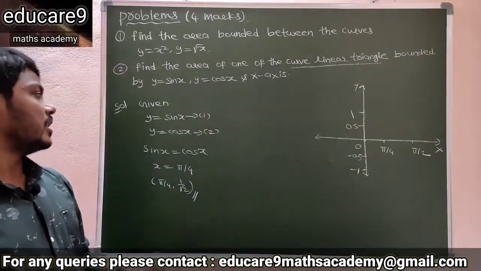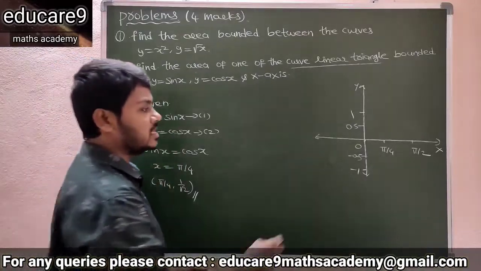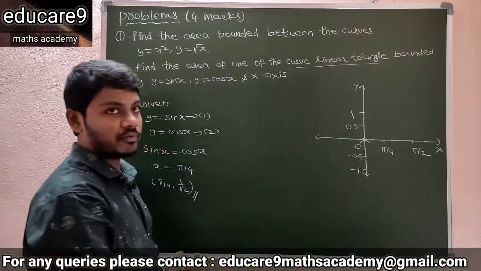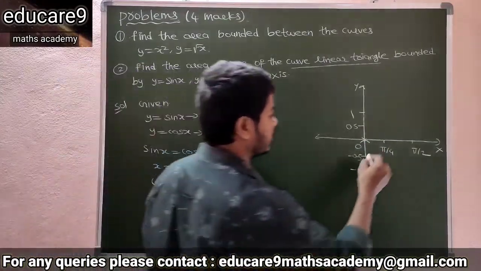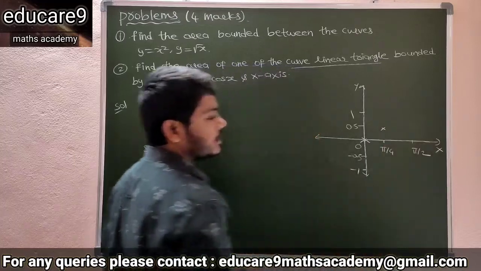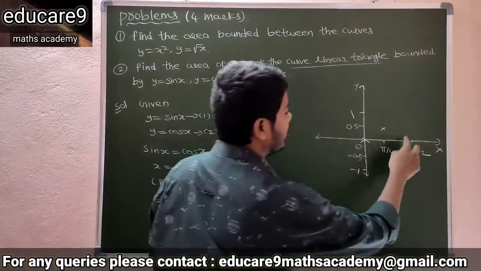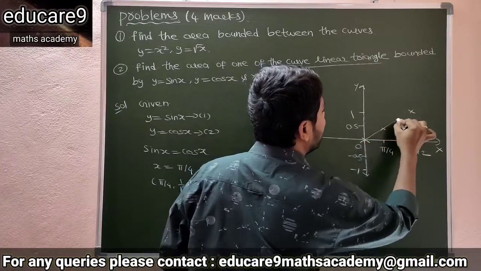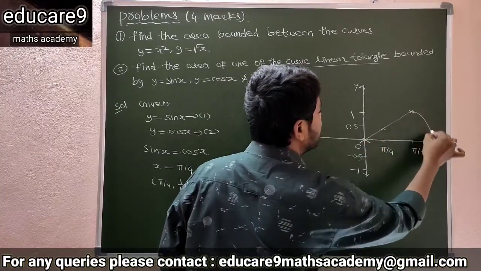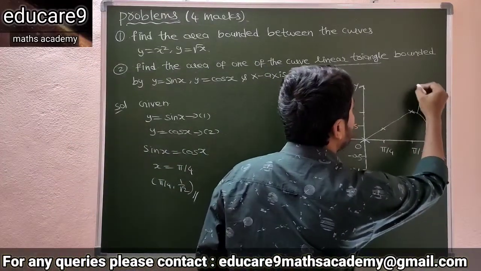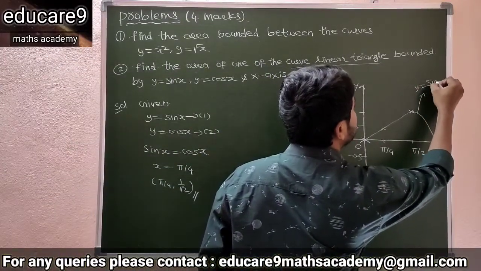First, to draw the graph of sin x: sin 0 is 0. Sin pi by 4 is 1 by root 2, that is 0 point something. Next, sin 90, the value is 1. So this is the graph of y is equal to sin x.